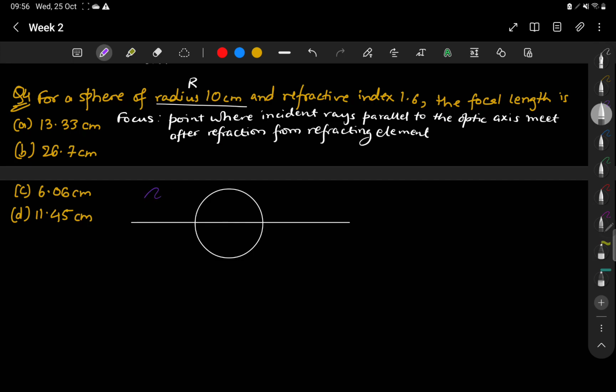And let us consider a parallel ray which is incident, then gets refracted in the medium, and then further gets refracted to meet at the point which is known as focus. So this point is the focus F.